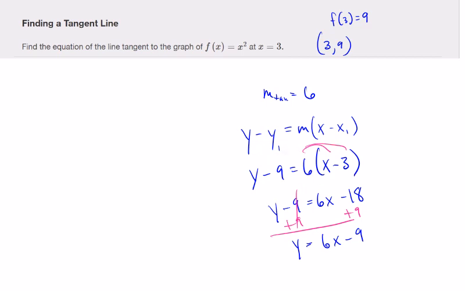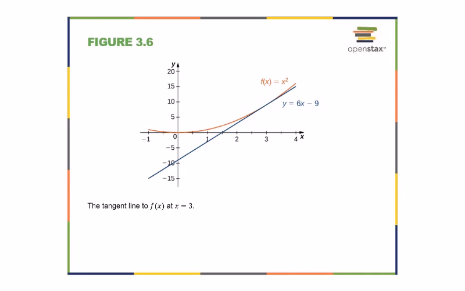So just to give you a visual, this function that we start out with, f of x equals x squared, is a parabola, and that's the red or orange line. What we just found is the slope at that particular point, which is 6.